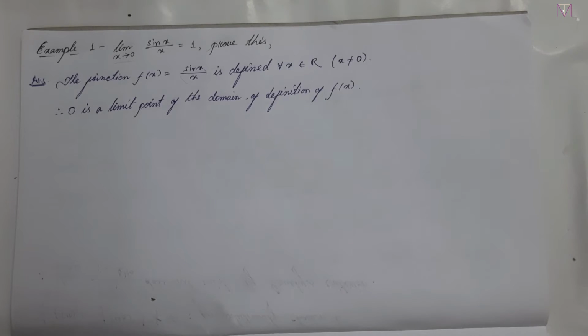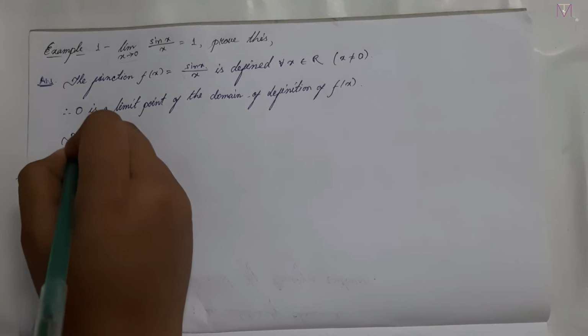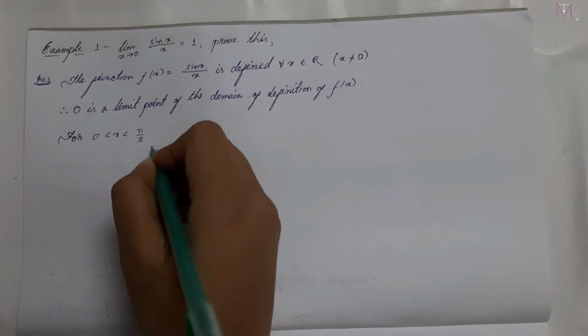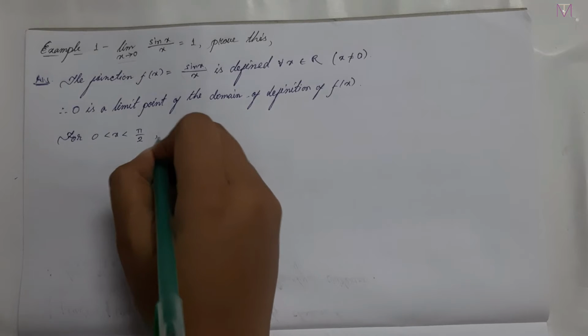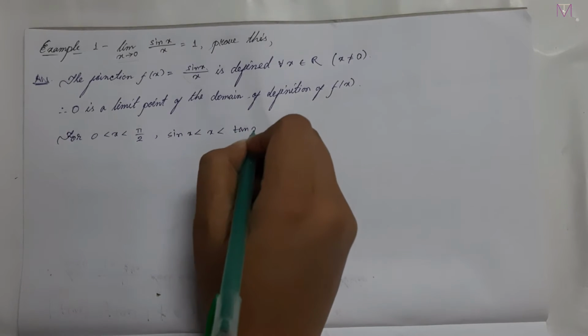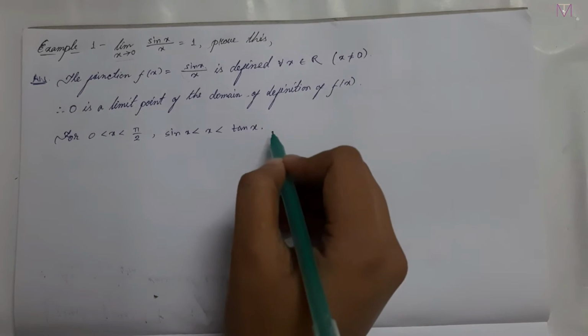Now we have to consider something. For 0 less than x less than pi by 2, we can say that sin x is less than x is less than tan x. I think you have proved this, so I just keep this.